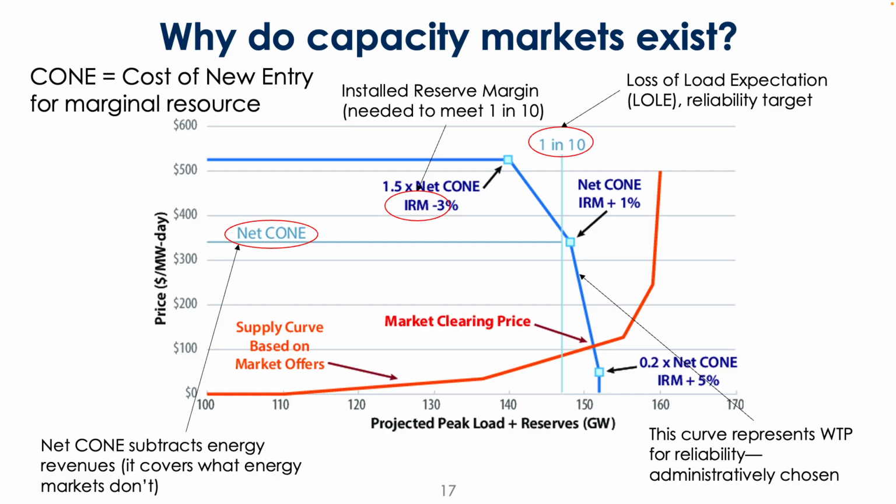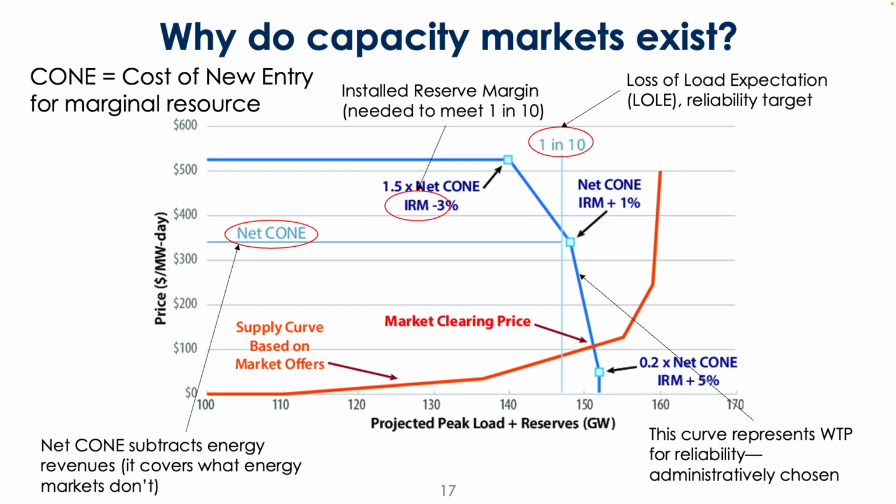And so I start sloping down. So they say 1.5 net CONE all the way up to my reserve margin minus 3% of what's needed. And then from minus 3% up to plus 1% of my IRM, I have a slope that connects that. And then I have a lot less value for things that are a lot more extreme than this reliability threshold.